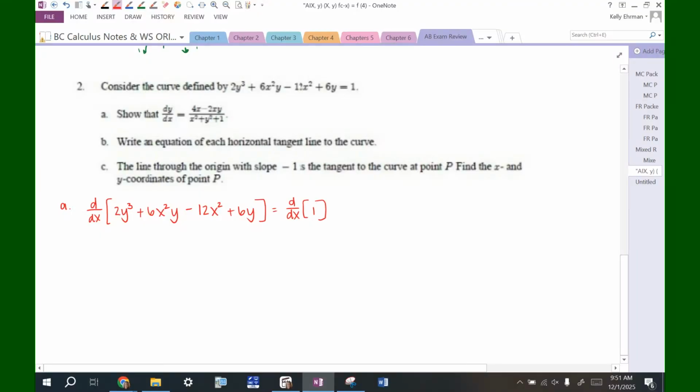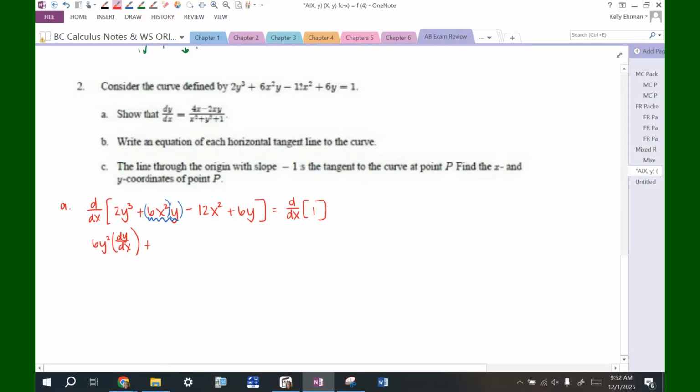There's almost always a product rule hidden in here. All right, so the derivative of 2y cubed is 6y squared. And remember, this is with respect to x. So we should have a chain rule dy dx every time we take the derivative of something in terms of y. This needs a product rule right here. I'm calling 6x squared my first function and y my second function.